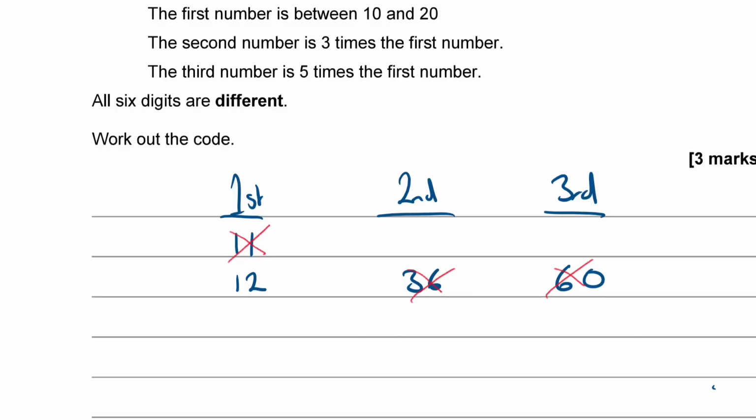Okay, so let's try the next one. 13. So if the first number was 13, then the second number would be 3 times as much. 3 times 13 is 39. No, again, no good. 3 and 3, so that isn't going to work. Let's try 14. 14. 3 14s are 3 10s are 30, 3 4s are 12, so that's 42. So no, another bust. 4 and 4, can't have that.